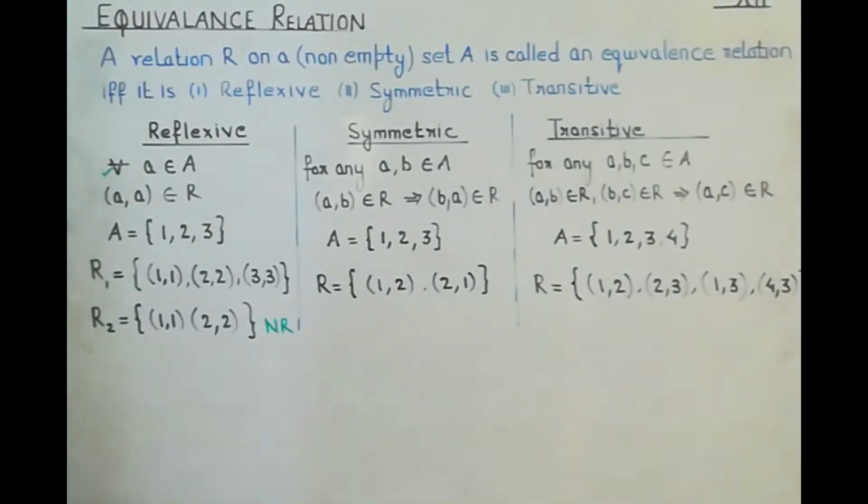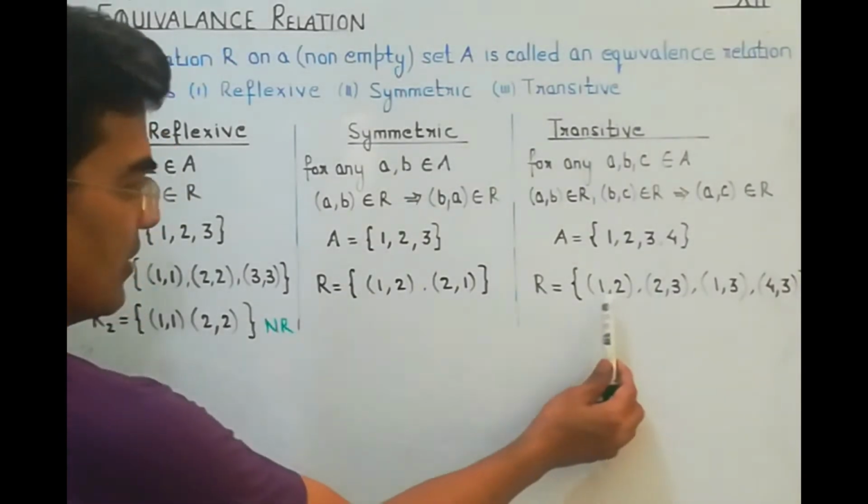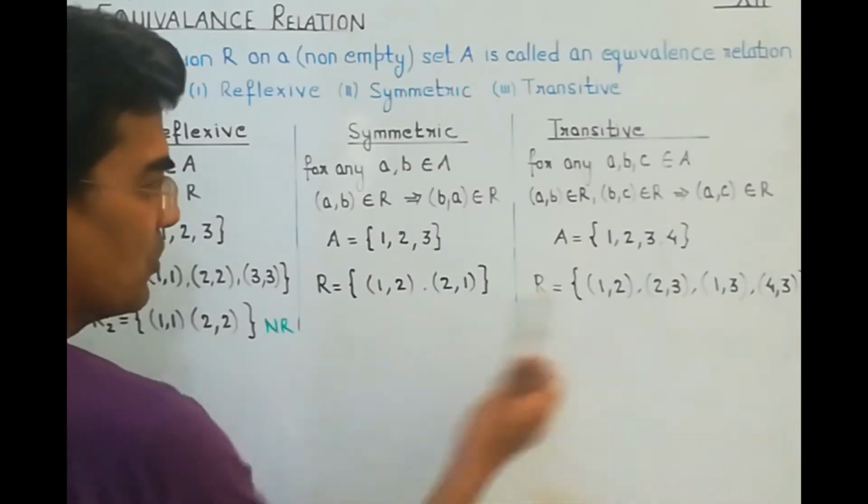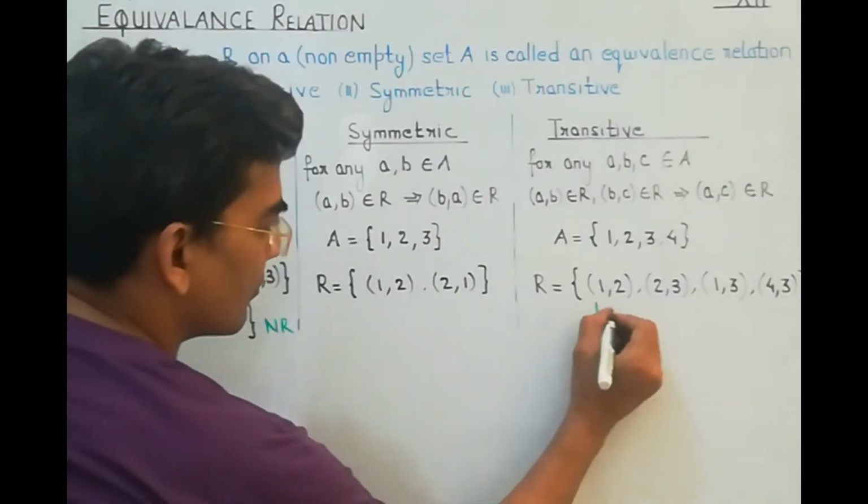Now let's see whether this relation is transitive or not. In the previous class I told you, the if and the then, these two things must occur together, then only the relation is transitive. So if you consider these two pairs, together they make the if.